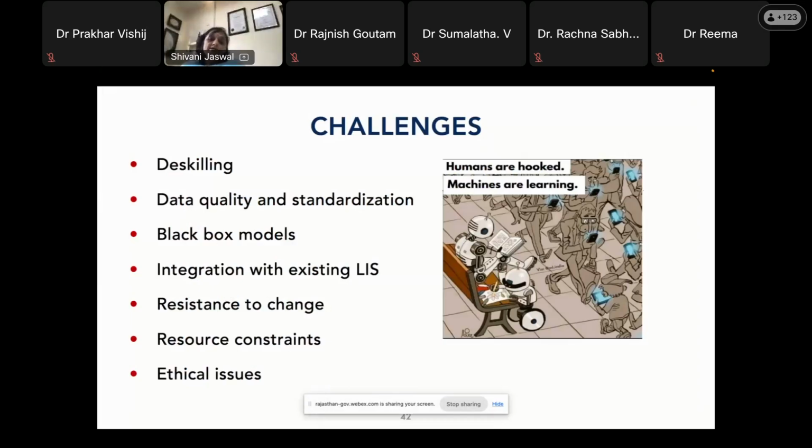But proper training, education and awareness can help us address this resistance. These AI tools are expensive, so resources can be a constraint. And then there are ethical issues about data privacy and bias mitigation. These also have to be looked into before we can utilize these tools.